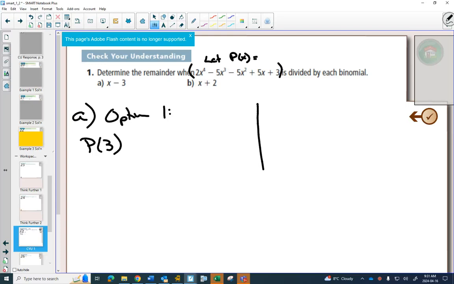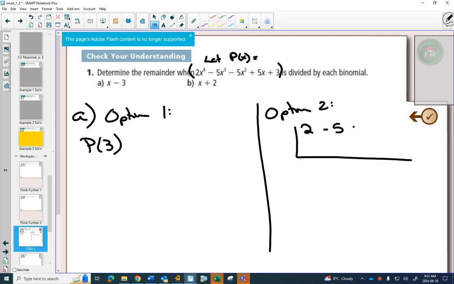Or option 2, you could actually do your synthetic division. That'll be 2, -5, -5, 5, 3. And we're dividing by x minus 3, so there would be a 3 out in front. We're going to look at both options and decide, sometimes one option is better than the other.